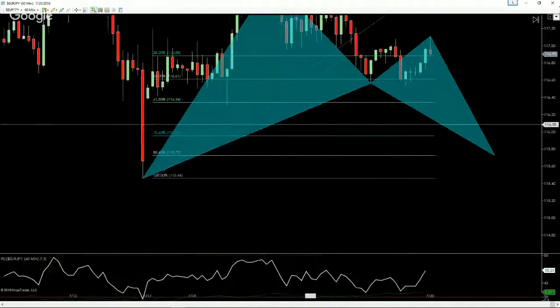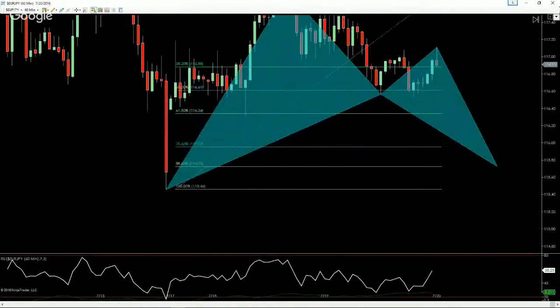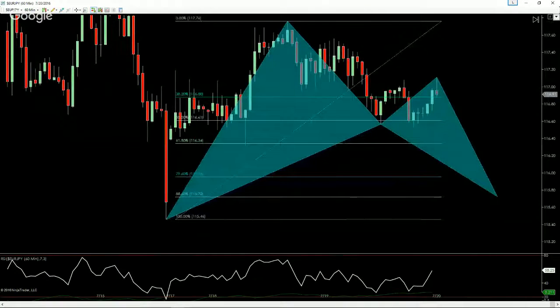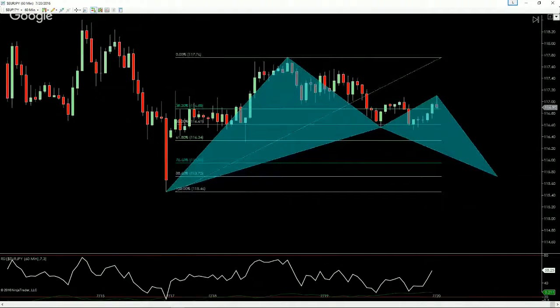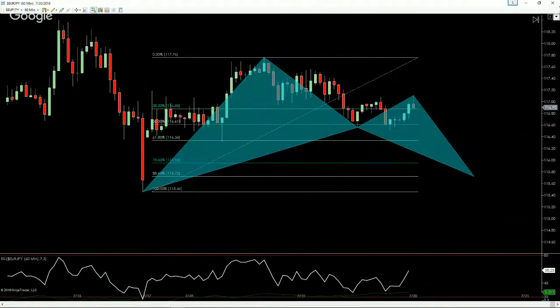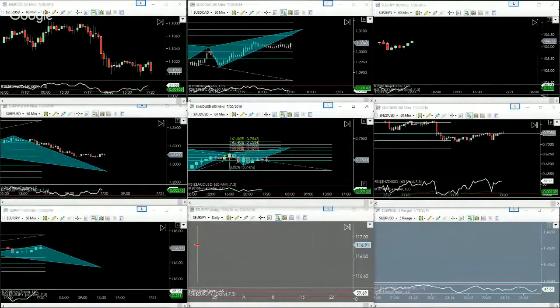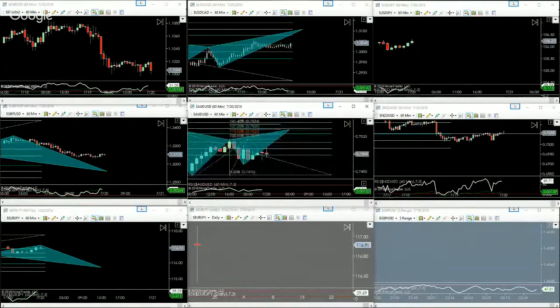Now I'm not even going to measure that because I know for a fact that that's going to be about 150 pips of risk at least. As you guys might have noticed, I'm actually not looking at those very much.